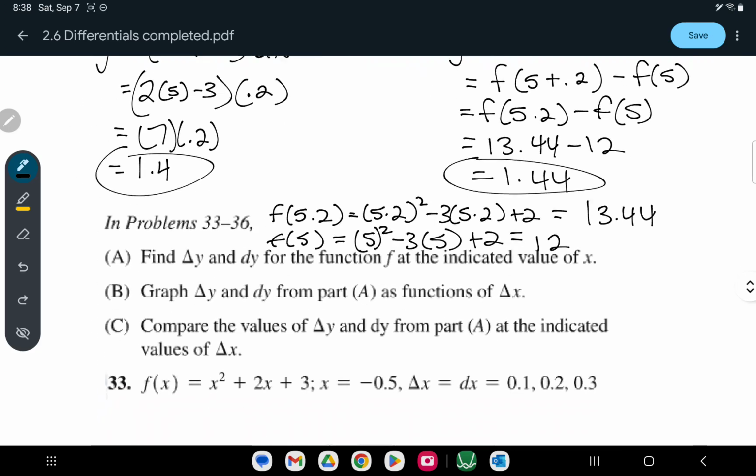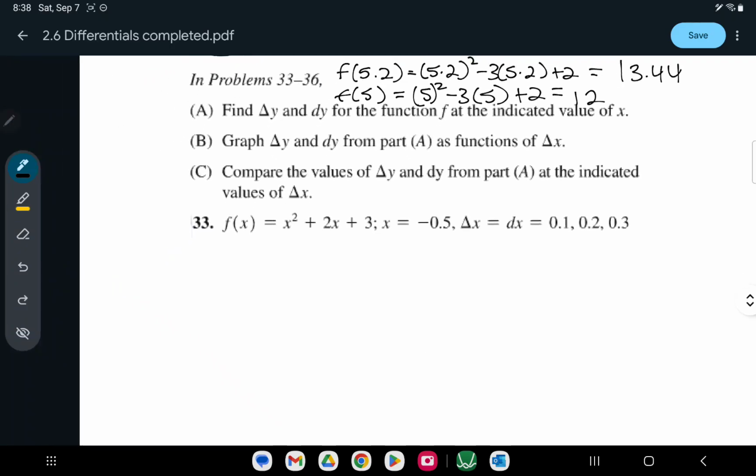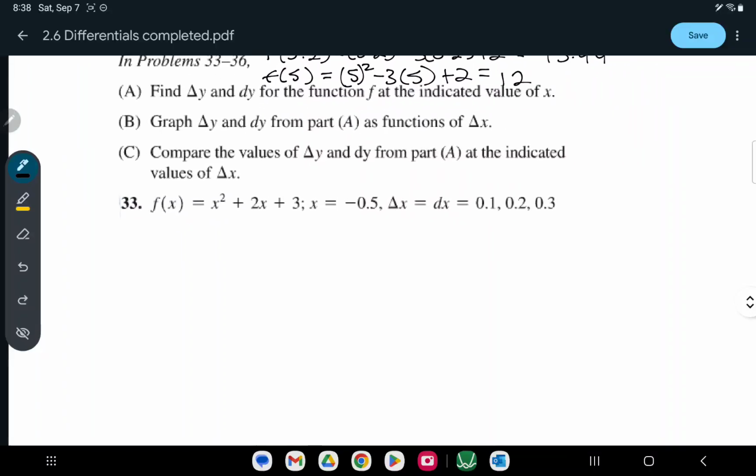Okay, let's do some more stuff. So for this function, we're going to find the actual change in y. We're going to find the approximate change in y for the given values we have. And let's do all of that first. So let's find the actual change in y.